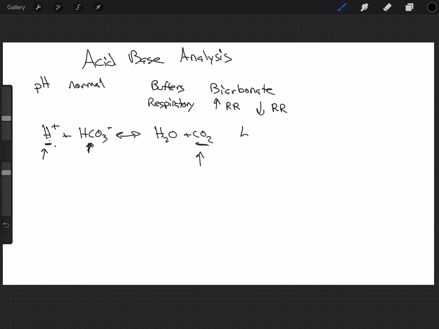So this is, like I said, Le Chatelier's formula. It's the very simplistic view that says hydrogen's an acid and it turns into CO2, so therefore CO2 is also an acid.